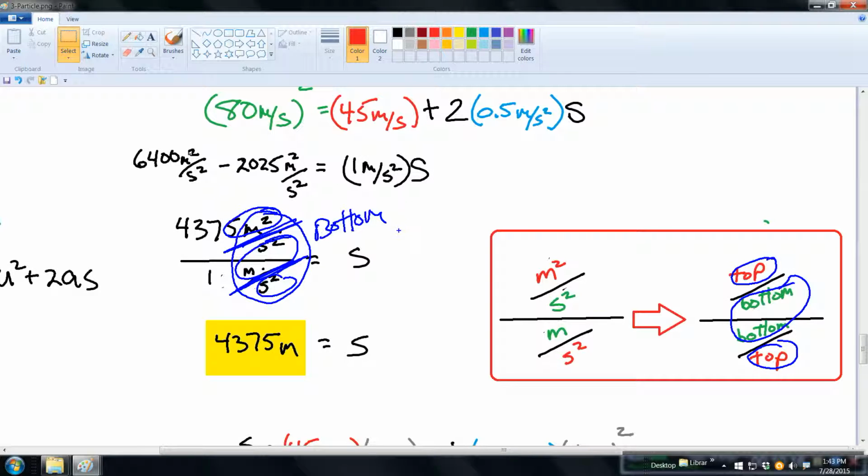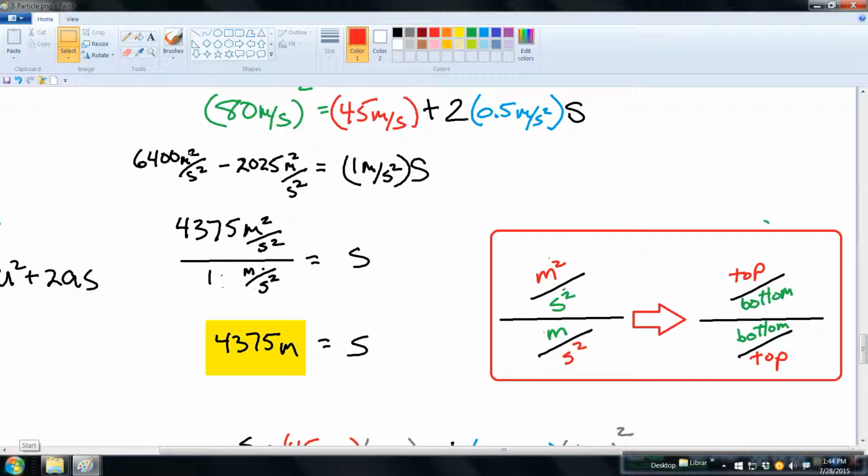So when you get this kind of unit situation and you're struggling to know how to cancel it out, or you want to make sure you're doing it right, just remember you've got the top and the bottom. Anything that can be canceled like that, cancels, and then you've got a top that's got squared, so that knocks that out, and you're just left with meters.